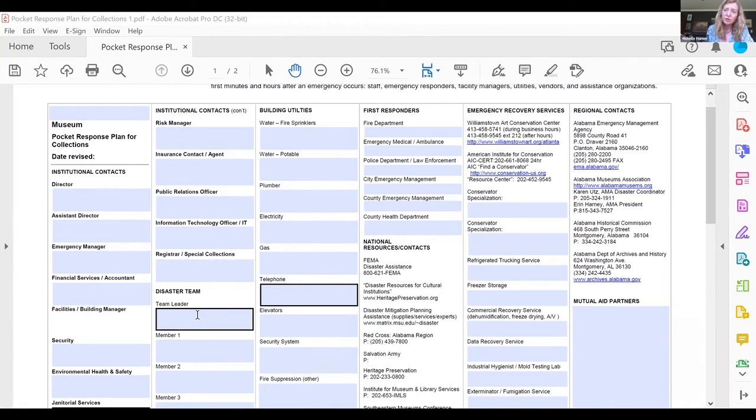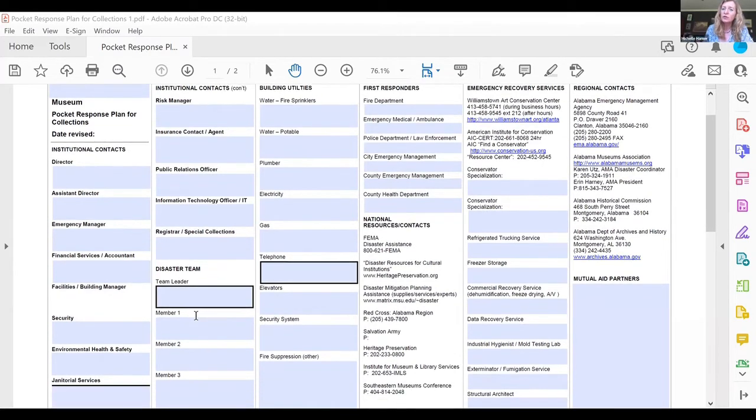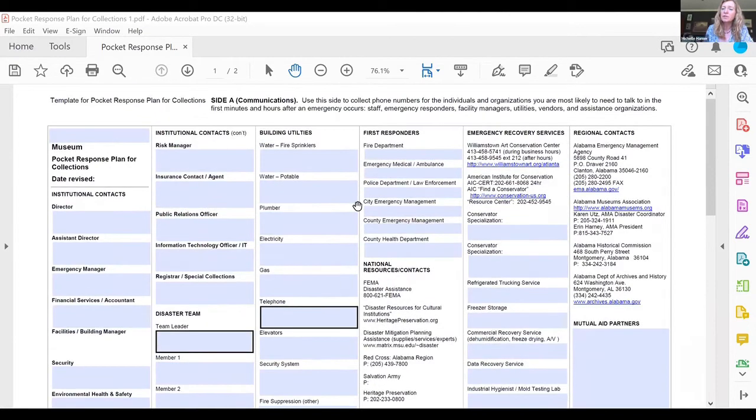Then you should have a disaster team. Who's the team leader for disaster? And then you'll have members of that team. Then you've got to think about the building utilities. Who's responsible for water and fire suppression system related to water in the building?